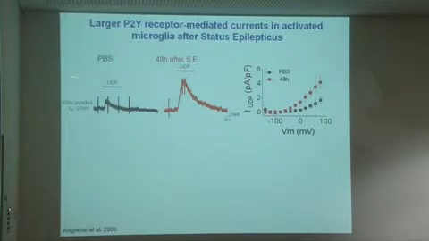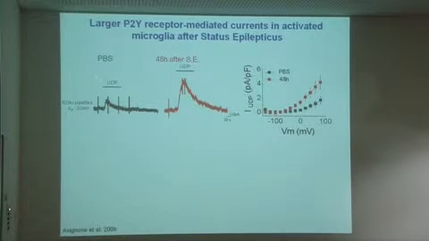And so we set up the recording conditions so that we would not have to bother about the ionotropic receptors too much, but focus on the potassium currents that can be activated through G protein-coupled purinergic receptors.